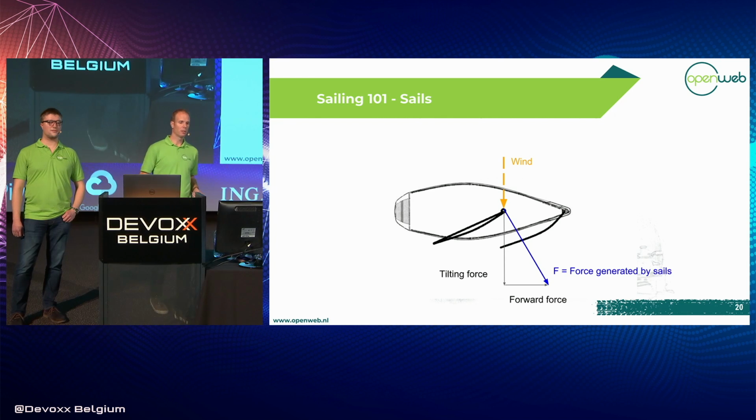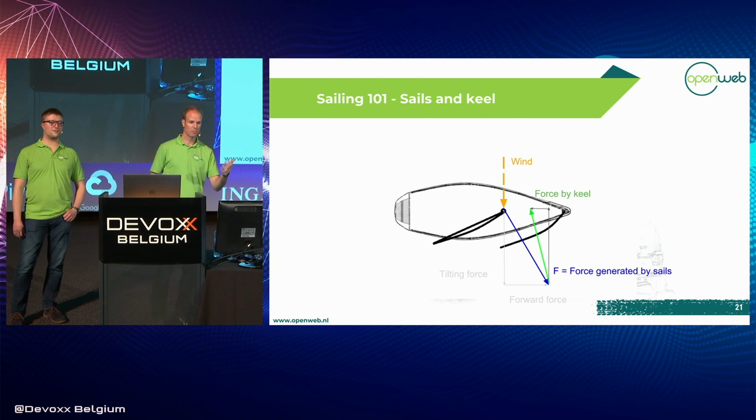But if you look at this picture, you say, well, why doesn't this boat just drift sideways? That's because of the part of the boat that's under the water, like the keel. The keel is also an aerofoil shape, and it's generating a force opposite to the wind direction. So its resulting vector is the red one here, which is what's moving the boat forward.